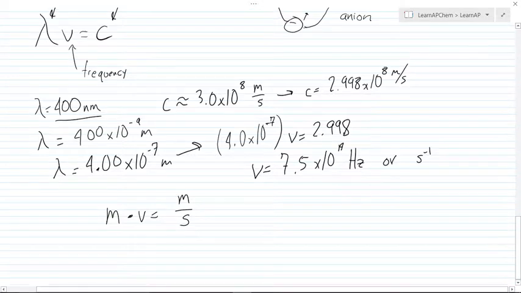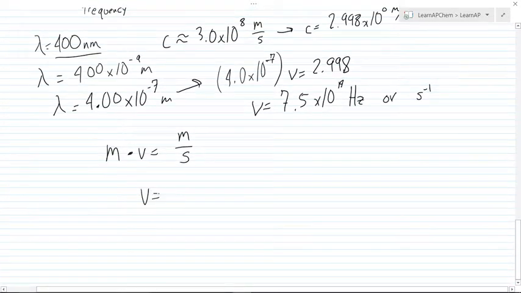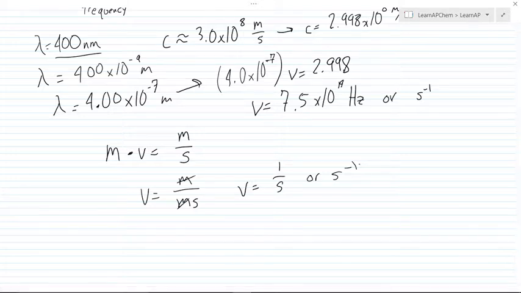Solve for V, so I'm dividing both sides by m. I can cross these out, and I'm left with 1 over s, or s inverse. And s inverse is the same as hertz. So that's certainly a good thing to know how to do.